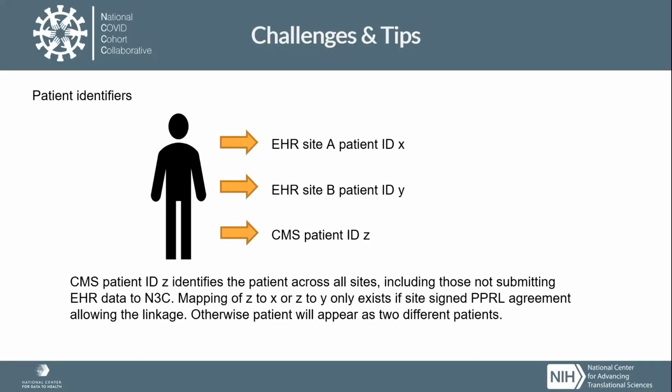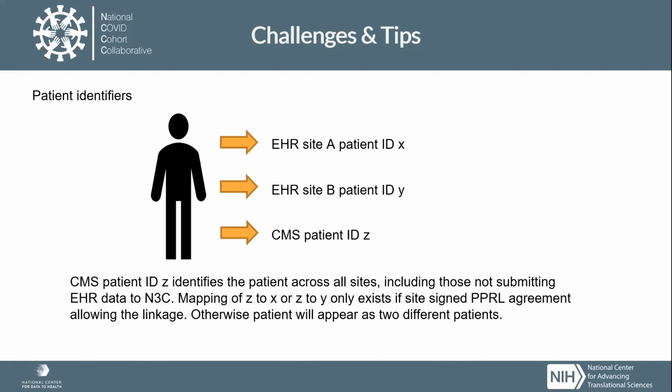So one has to do with patient identifiers. In this environment, we've got multiple sites that are submitting EHR data, and now CMS submitting claims data, and there can be different patient identifiers from all these different sites. Whether or not you can tell that an EHR patient is the same CMS patient between site A and B depends on the agreements that have been put into place.